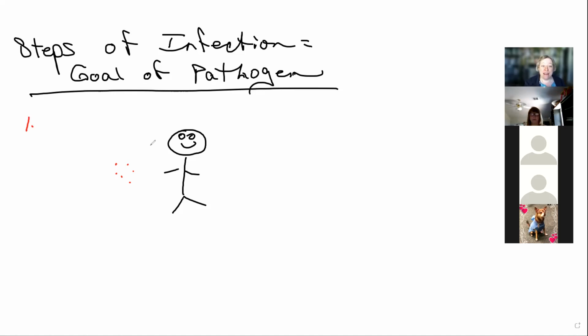Yes, actually, it does need to attach, but we're going to put that second. They need to find the host first. Yeah, they do need to find the host. Find is kind of combined in the first two. Find a weakened host. Find a spot to get in.